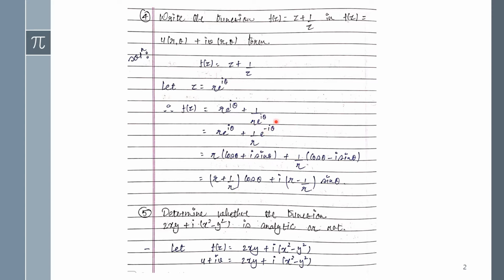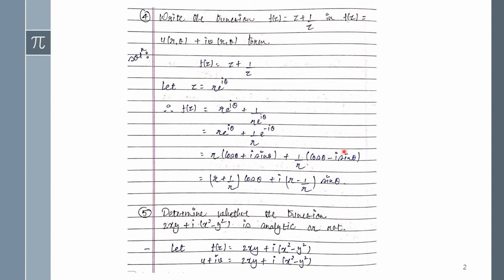Now next, you know what e raised to i theta is: it is cos theta plus i sin theta, right? So r as it is, in place of this I am writing cos theta plus i sin theta, plus 1 upon r into e raised to minus i theta, that is cos theta minus i sin theta.